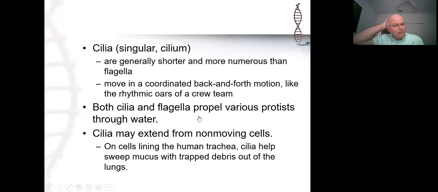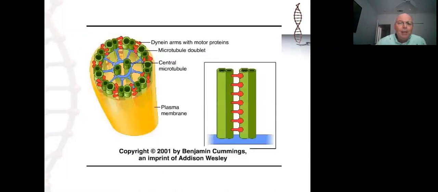In terms of cross-section, this is an animation that is available to you through the resource page for Chapter 4, that shows not only the classic 9+2 structure, so 9 pairs of microtubules in the rim and 2 microtubules forming the core, linked together by spoke proteins, and then the microtubules in the rim are connected by motor proteins called dynein.